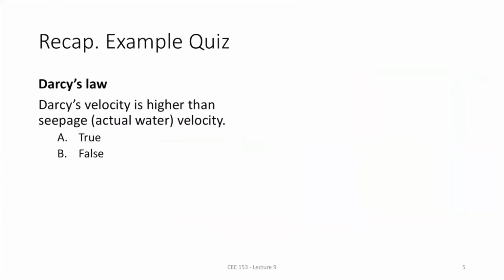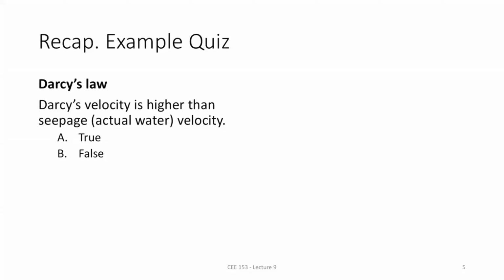And for now, let's have a generic quiz session, which is again for you to practice. Also learn about whether this is something you learned last class or not. This is something I'll have every class, which gives you the opportunity to assess yourself. Okay, so I'm going to launch this quiz. The question is, Darcy's velocity is higher than seepage or actual water velocity.